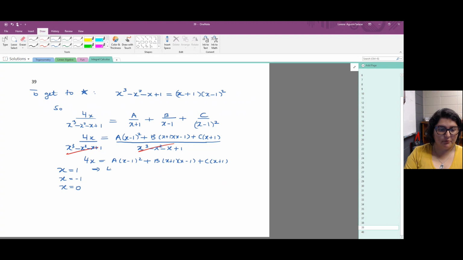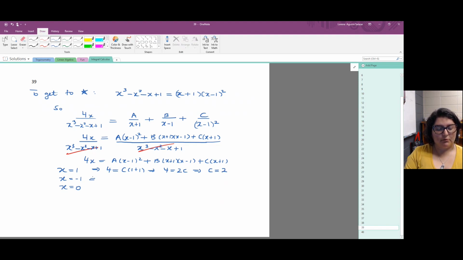For x equals 1, we should have that 4 equals a times 0 squared, that's just 0, plus b times 2 times 0, that's just 0, plus c times 1 plus 1. So 4 equals twice c, or same thing, c equals 2.